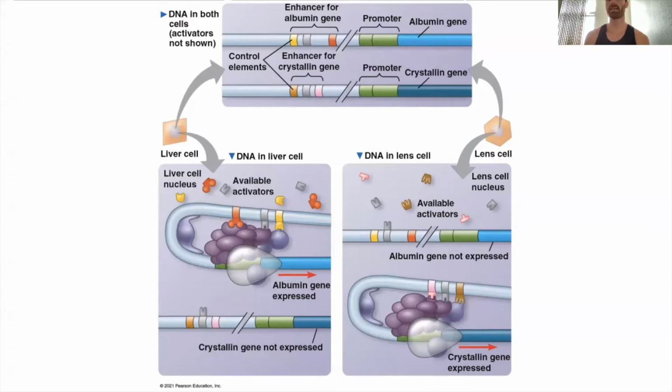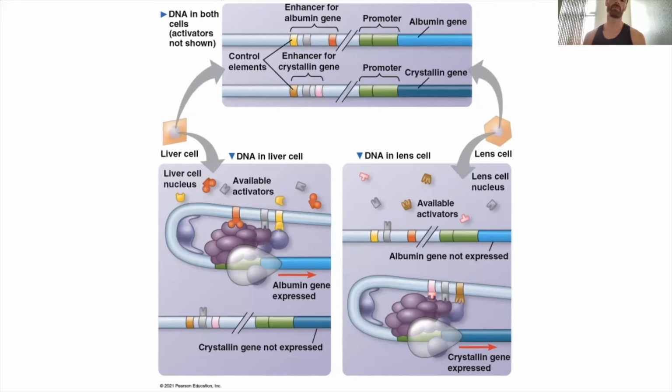Notice that they have identical DNA. They both have the enhancer, the promoter, the albumin gene, the crystalline gene. Now, albumin is a protein produced by liver cells. Crystalline is a protein produced by lens cells, but the liver cell has the crystalline gene. The lens cell has the albumin gene. They both do. It's the same.